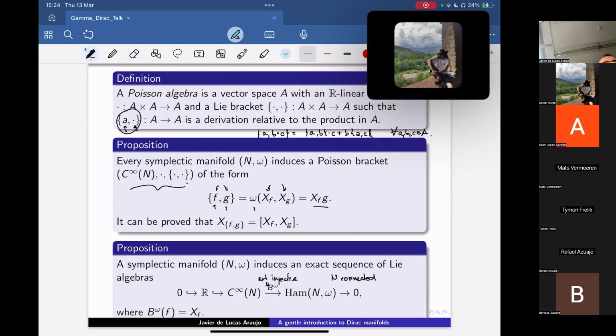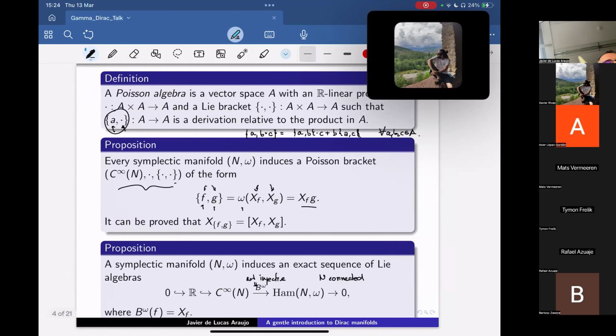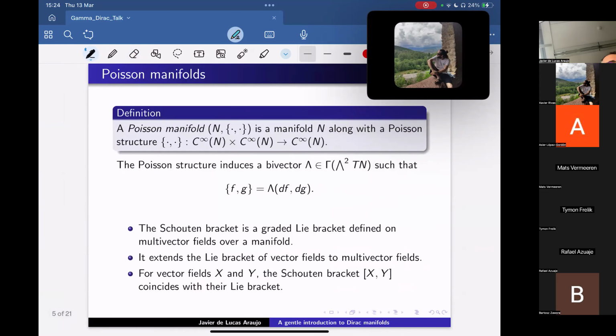So here, the Poisson manifold appears, and we will define a Poisson manifold as a pair given by a manifold N and a certain Poisson bracket on the space of functions on N. And that's all. That's all you need to describe a Poisson manifold.